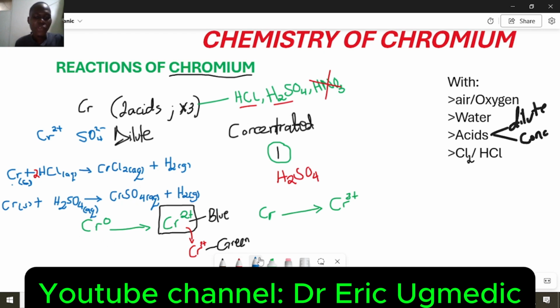However, we can also have an overall equation, which can be written as Cr, which is a solid, reacting with hydrogen ions from the dilute acids, and this will give us chromium 2 ions and hydrogen gas.